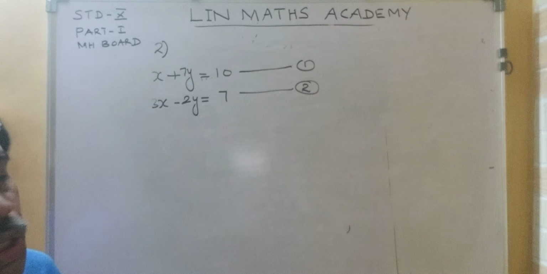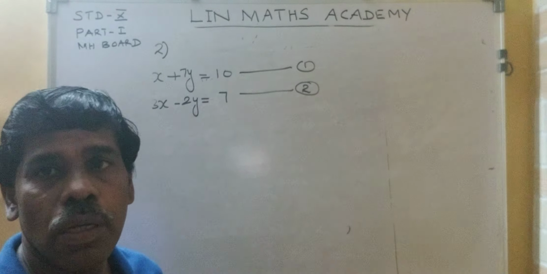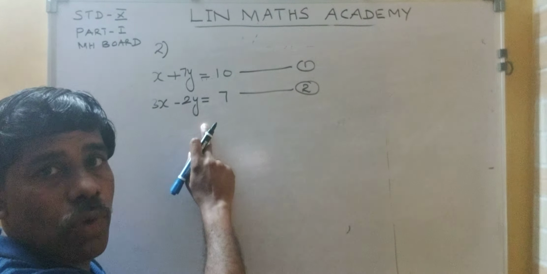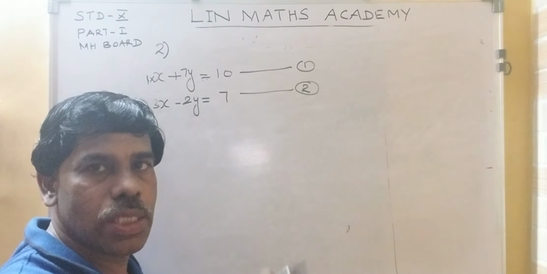Now look at this. Here what is the coefficient of y? Plus 7. Here, minus 2. So somehow you have to make both the coefficients equal, or we can come to the variable x. See here, what is that? 1. So can we make 1 as 3?